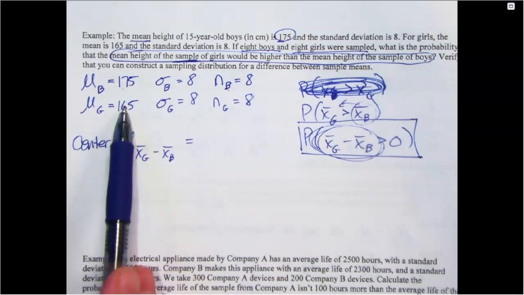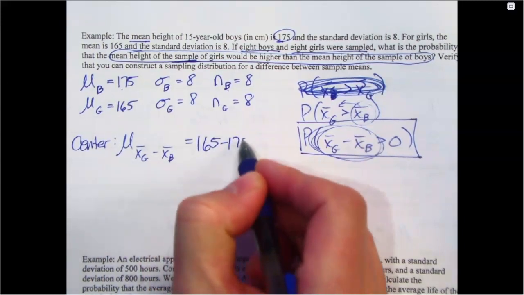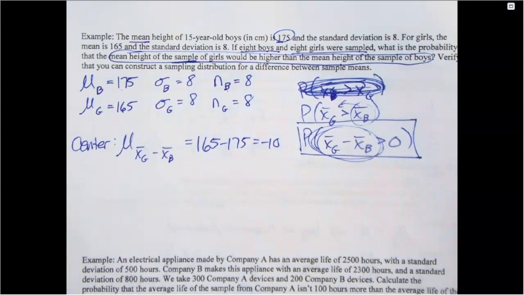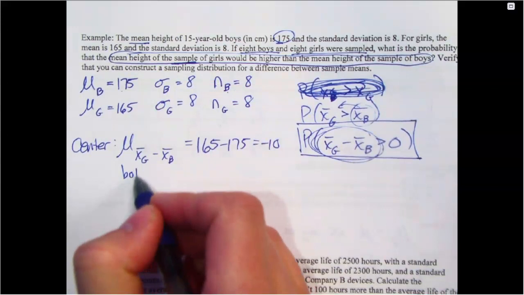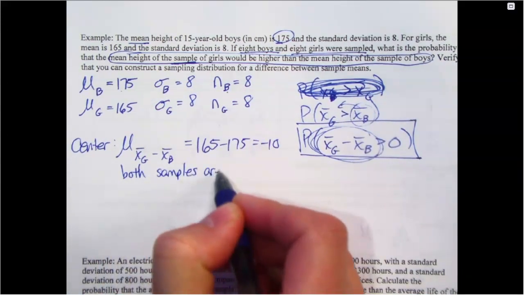And what should we get for all the boys? 175. So this should be 165 minus 175, which is negative 10. And then to justify that, how do we know that that's true? Because they're both random. Because both samples are random.